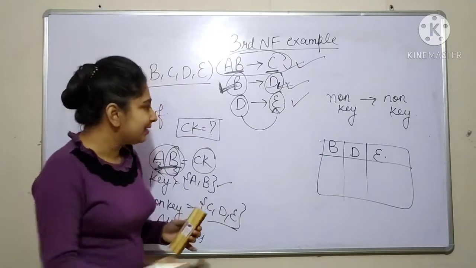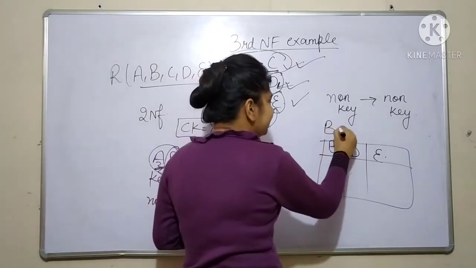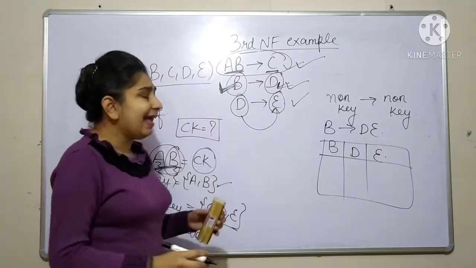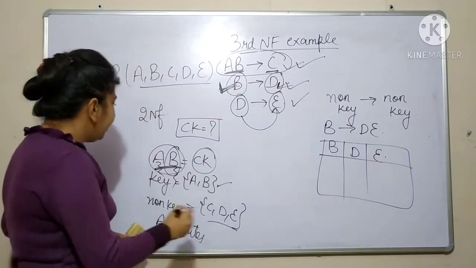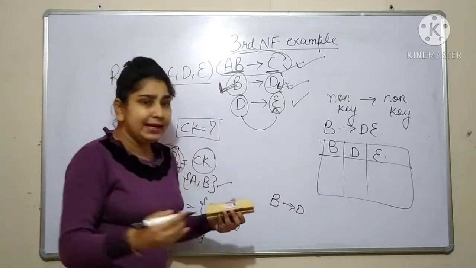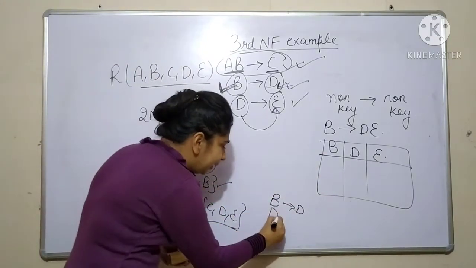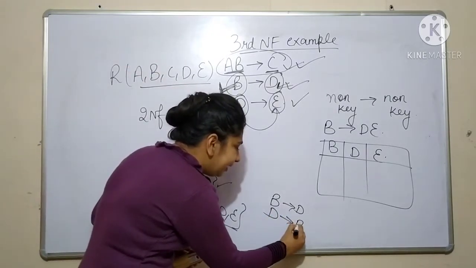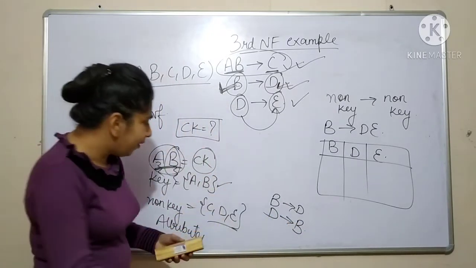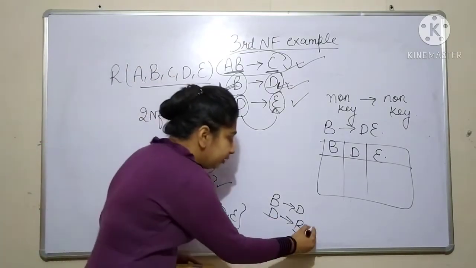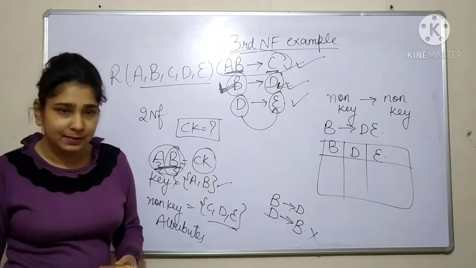As there is a functional dependency from B to E, let me clear one thing. If there is a functional dependency from B to D, it doesn't mean that the reverse is also right. It doesn't mean that there is a functional dependency from D to B. It may not be right.